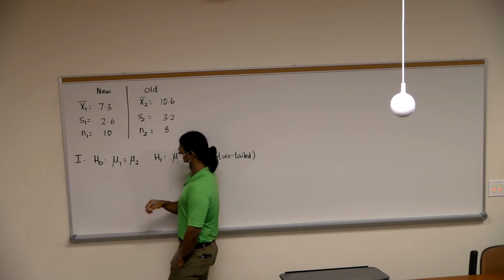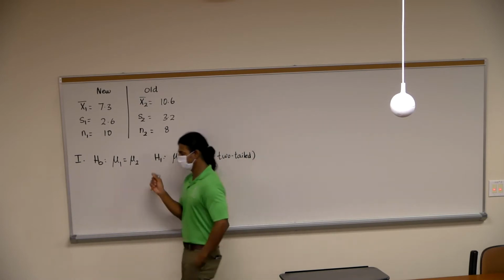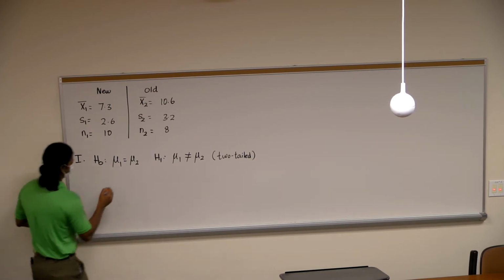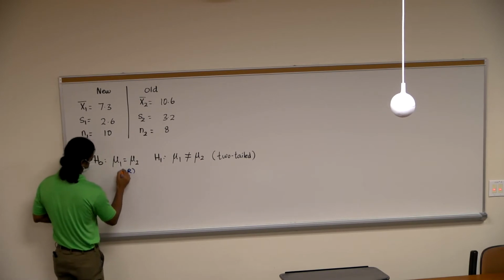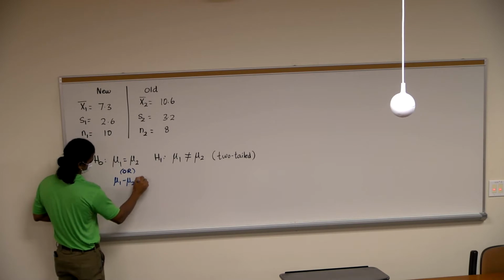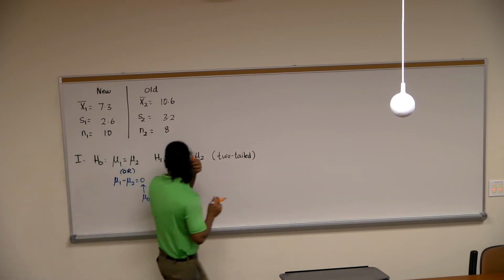Last time I mentioned, if we want to identify the value of mu naught, which is the null value that we are testing for, we could simply move that mu2 to the other side. And that value would be mu naught.